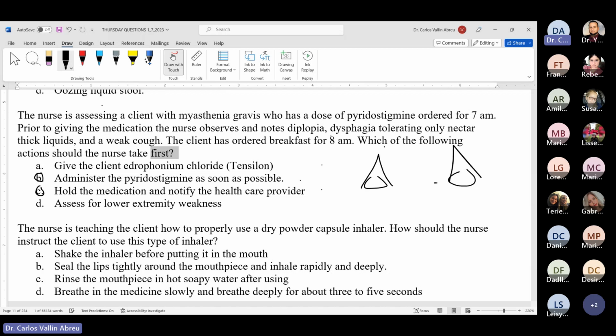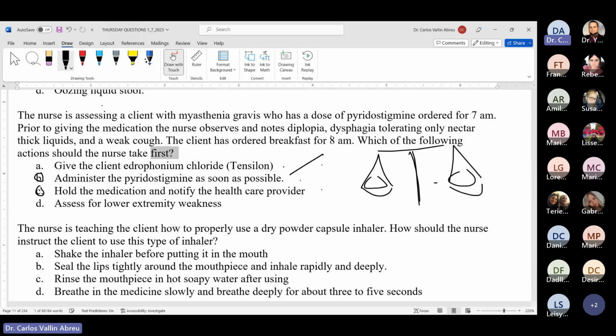They are describing a severe dysphagia, and the patient is apparently presenting an exacerbation of the myasthenia, like a myasthenic crisis. You should ask yourself, is it safe to give an oral medication to a client in this condition?